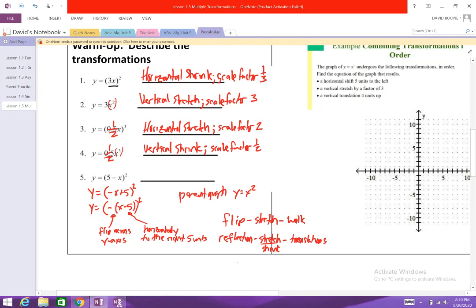Okay. So some teachers teach it just to say, hey, just make sure you remember RST. And if that helps for you too, that's great. I like to give you a little visual. So let's take a look.